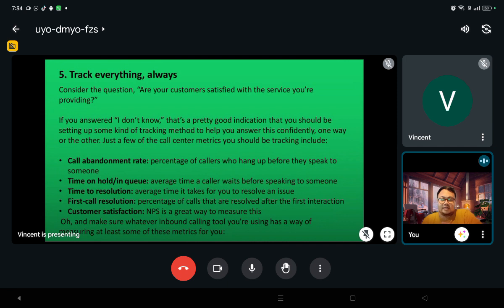Next, we have time on hold or in queue, the average time a caller waits before speaking to someone. Then time to resolution, the average time it takes for you to resolve an issue. If an agent doesn't have proper training or lacks knowledge about their product or service, they can't resolve the issue on time.